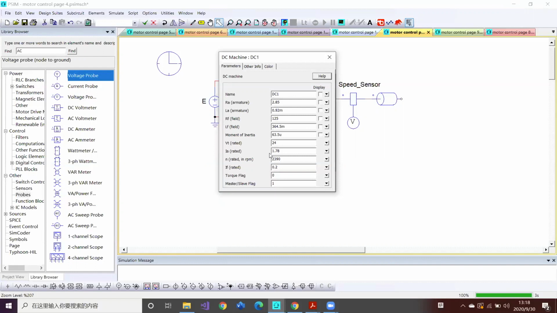Do all of this one by one, run the simulation, read the voltage, TR and IA, and fill in the blanks in your lab notes. I'll give you 10 minutes to do this. If you have any questions, I will answer after 10 minutes, okay?